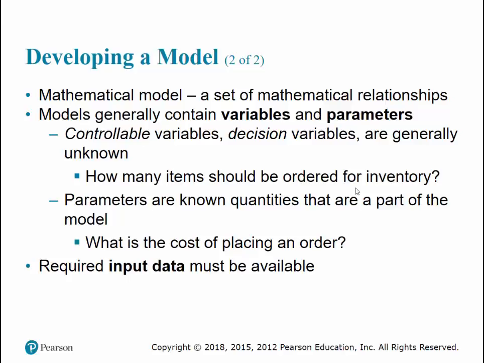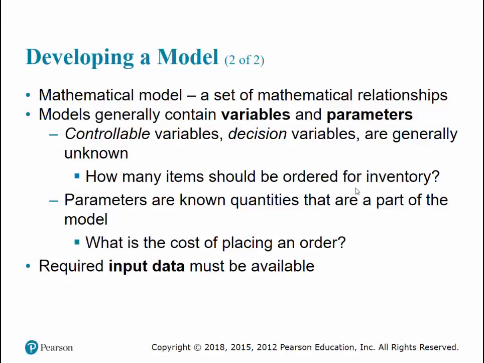And variables are decisions that you have to make. Like, for example, the cost of the product coming in: that comes in with the standard cost from the cost accounting department. You don't have control over that, but that data is available to you.